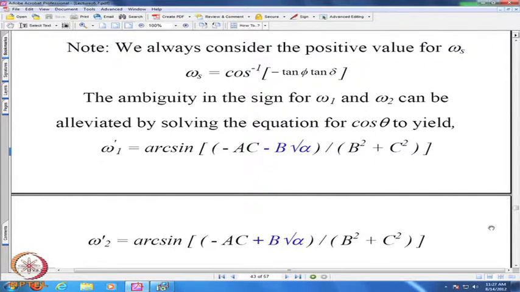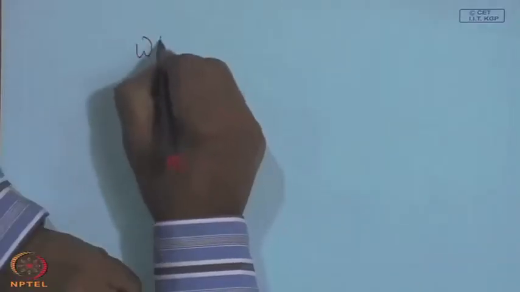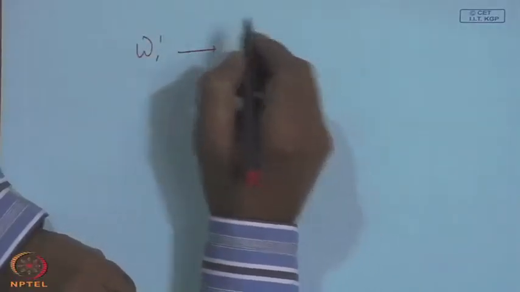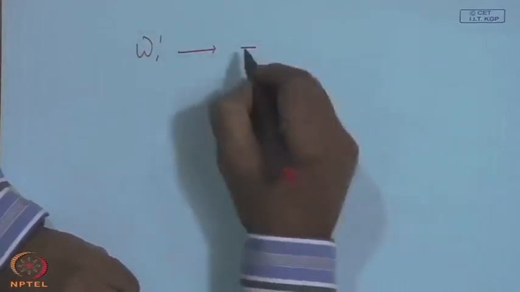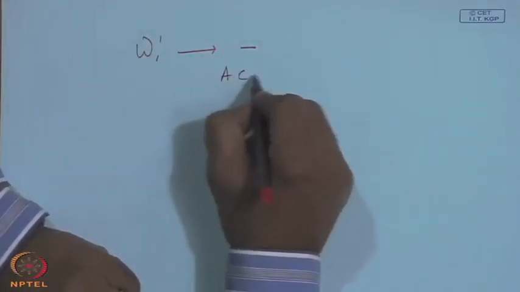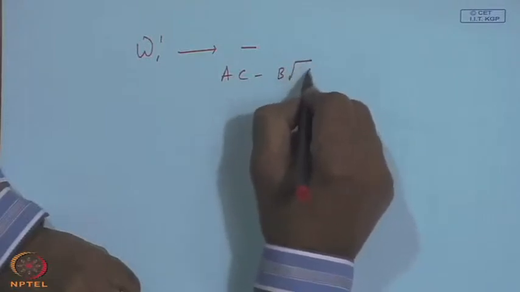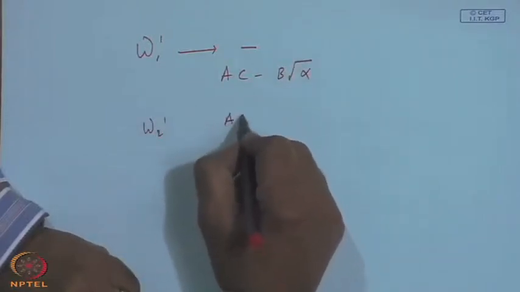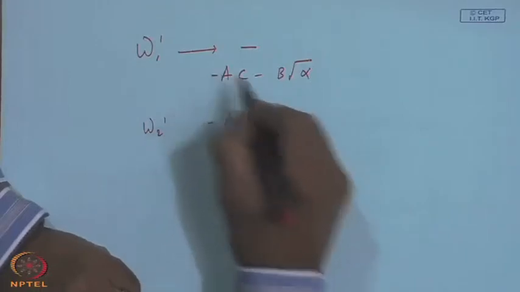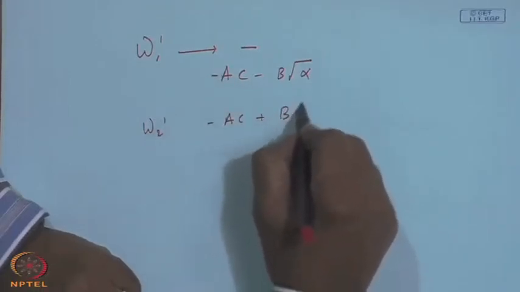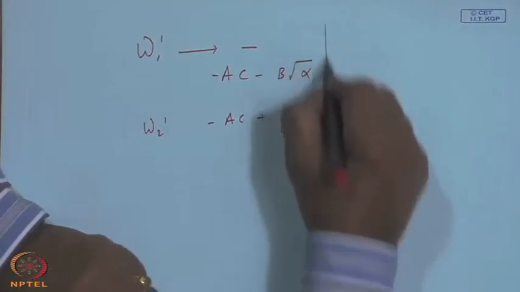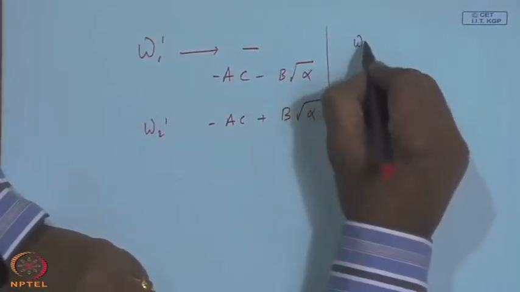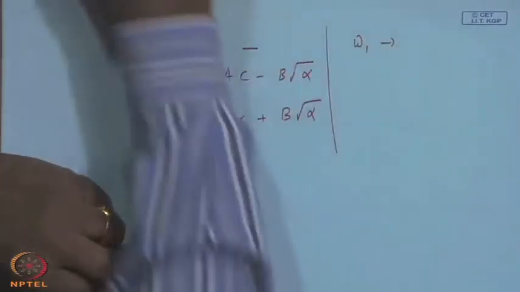You will notice that I played a trick: omega 1 dashed with that minus sign, that is a c minus b root alpha, and omega 2 dashed is with a c plus b root alpha, whereas your omega 1 will be the other way around.